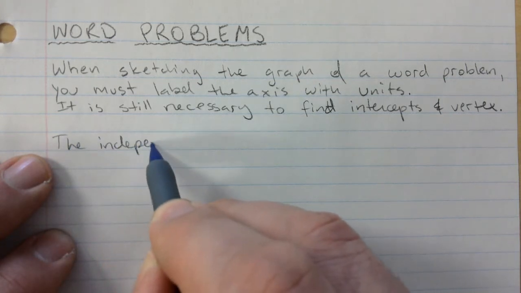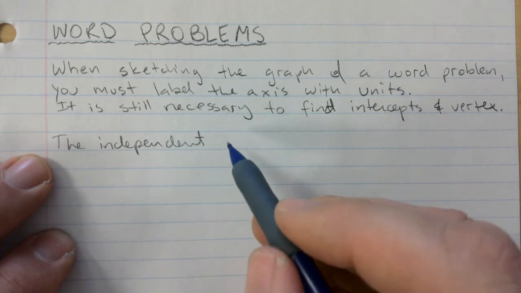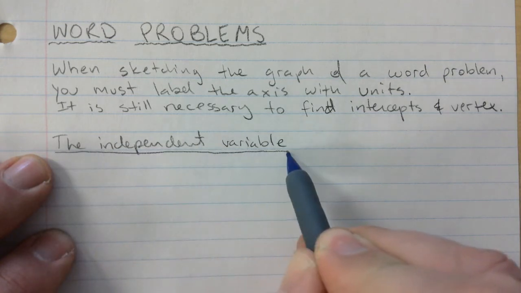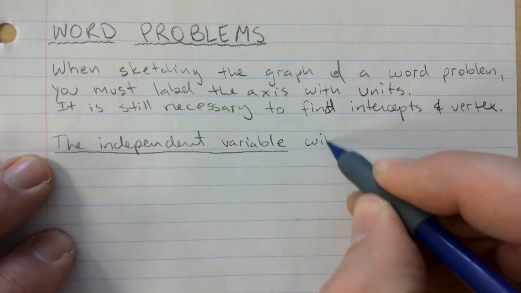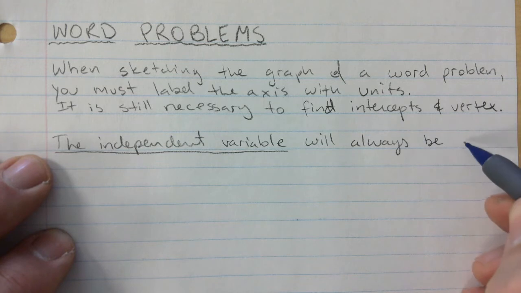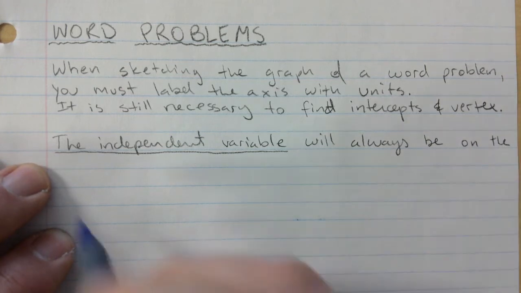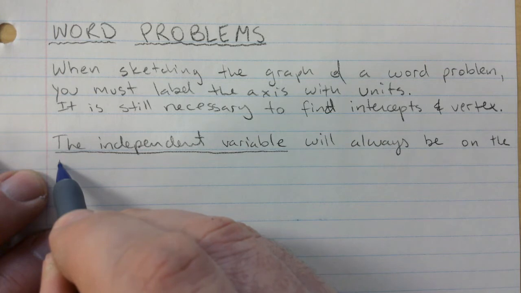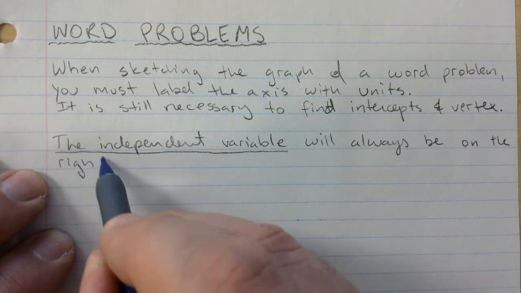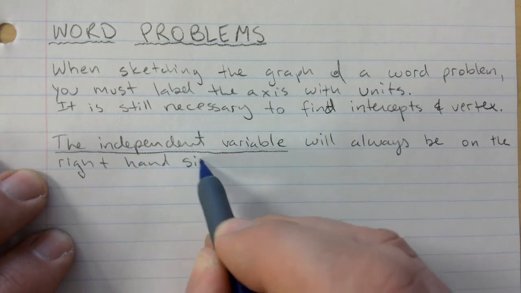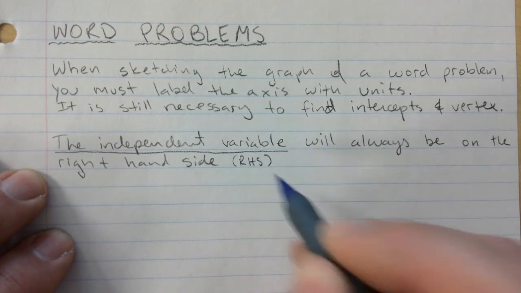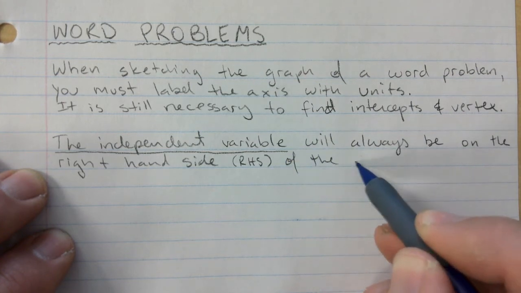The independent variable will always be on the right-hand side. I call that right-hand side from now on, of the equation.